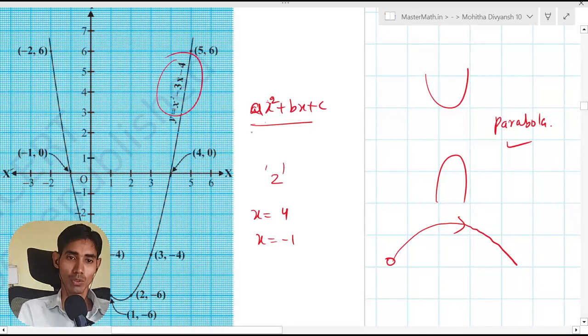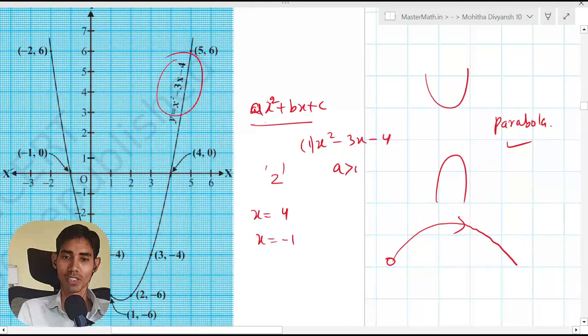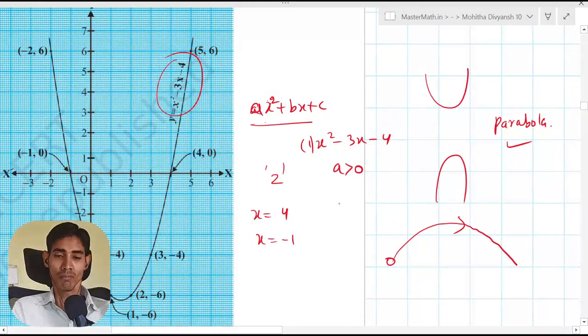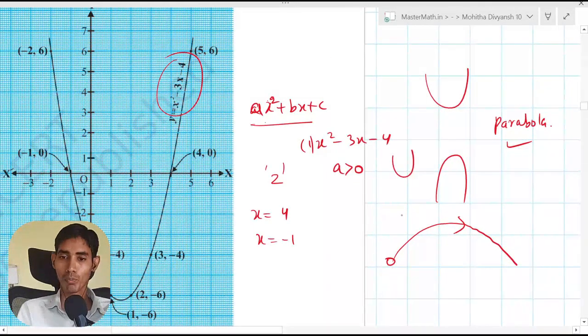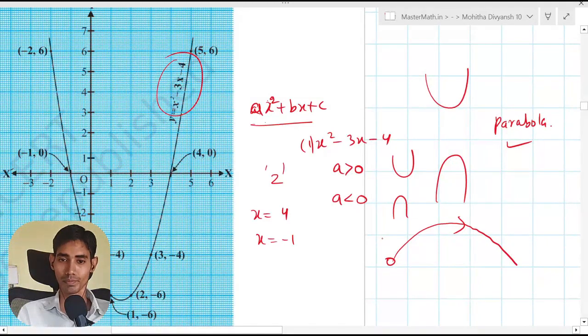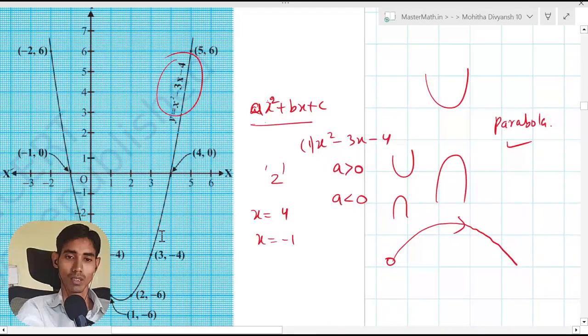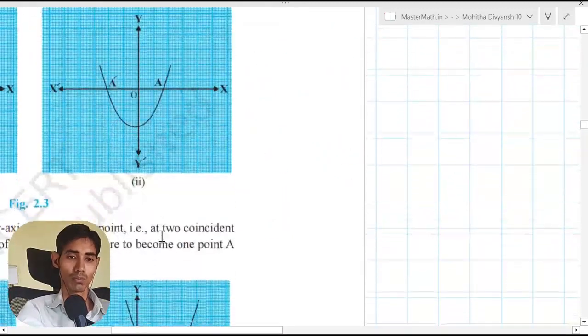If this was x square minus 3x minus 4, the a value was positive here, right? If you have a positive, it's going to open upwards, the proper U. If the a value was negative, then it would open downwards. So if we had minus 1x square or minus 2x square, it's going to open downwards.